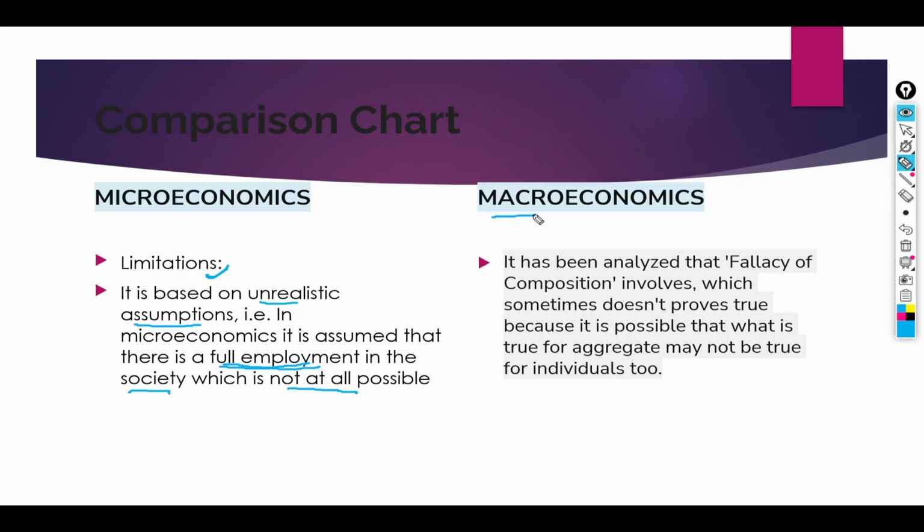Now coming to macroeconomics, it has been analyzed that the fallacy of composition is involved, which sometimes doesn't hold true, because it is possible that what is true for the aggregate may not be true for individuals. Okay, hope you have understood these differences, and if you look at it again, it will be helpful.